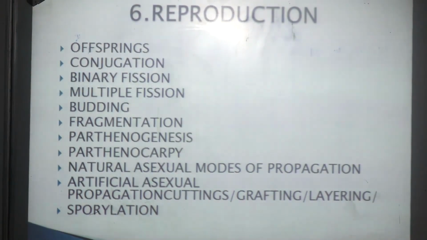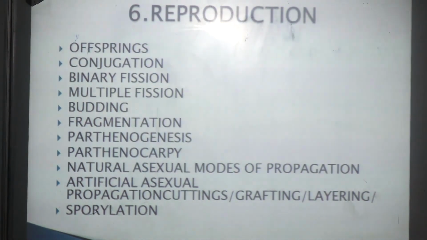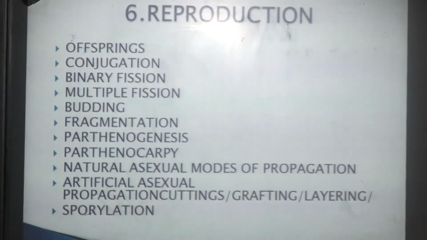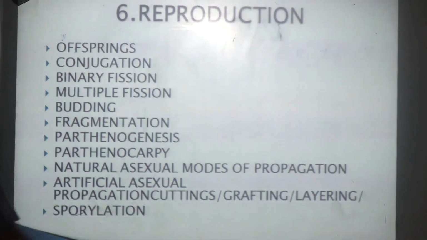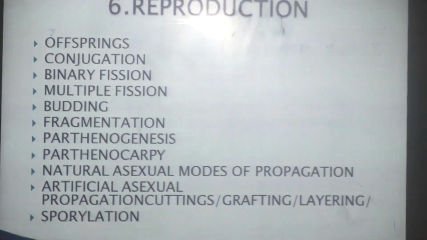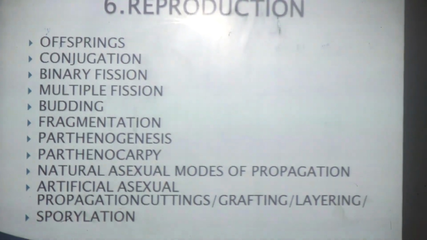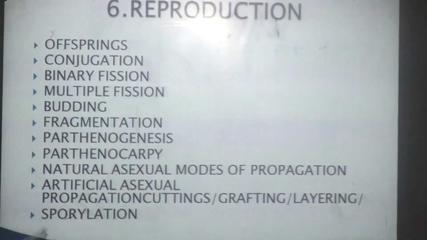In stem cuttings you have three types: softwood, hardwood, semi-hardwood. In root cuttings also three types are there. Then coming to layering, two types are there, air layering and ground layering. Sporulation, what is sporulation? Important for one.